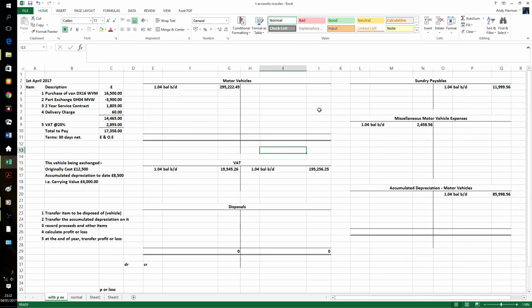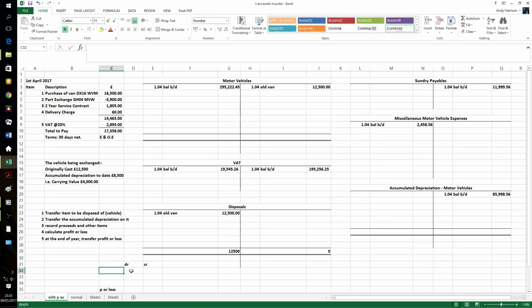So with a part exchange then, the first little bit is going to be exactly the same, just a slightly different vehicle. So we're still getting rid of an old van. These have still got the same numbers. So that's the same, and accumulated depreciation has the same numbers here.